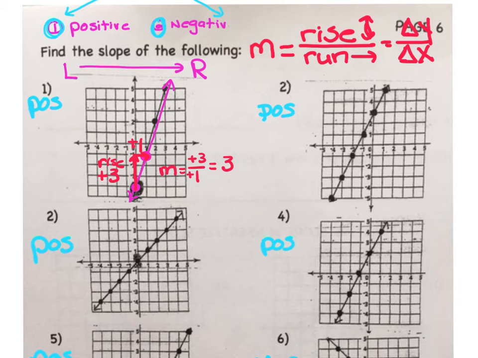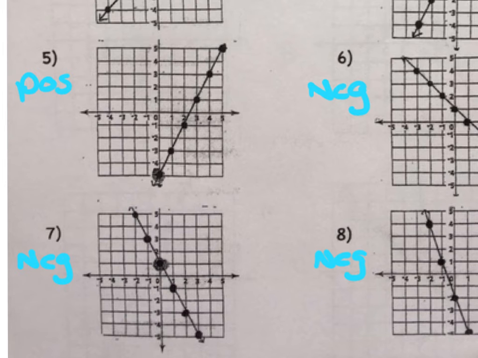Let's take a look at number 5 together. Now we know number 5 is going to have a positive slope. Mark the point furthest to the left on the line, and then the next consecutive readable point. We're going to be comparing the rise and the run.